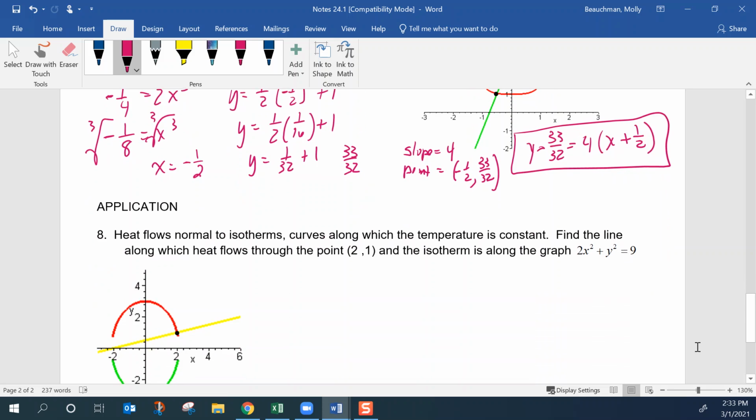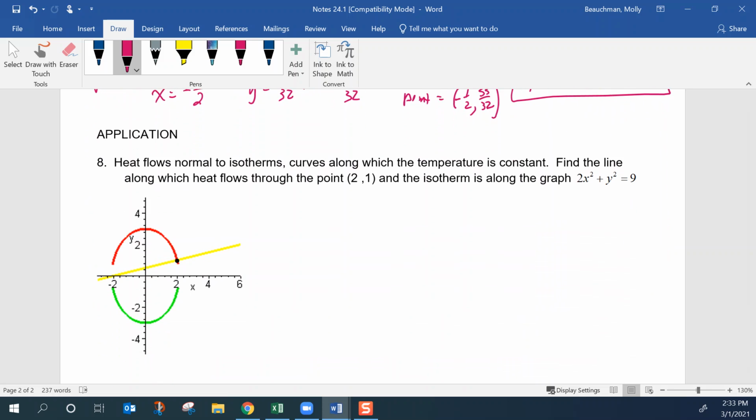All right, the last example is an application. Heat flows normal to isotherms, curves along which the temperature is constant. Find the line along which heat flows through the point (2, 1) on the isotherm along the path 2x squared plus y squared equals 9. Heat flows normal to isotherms, so we're looking for the normal line. Find the derivative for the slope of the tangent line.